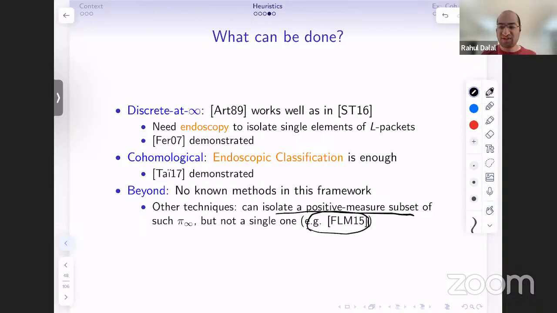So beyond, you're in a lot of trouble if you want to understand a single representation at infinity. But if you're okay understanding some open subset of representations that's of finite volume, then maybe you can do things. But you're stuck with the very complicated general invariant trace formula and the very complicated weighted orbital integrals and unipotent terms that come up when you're doing that.